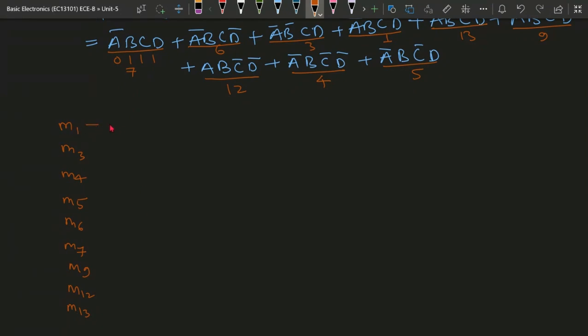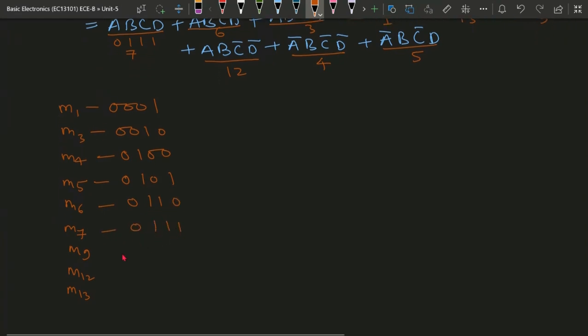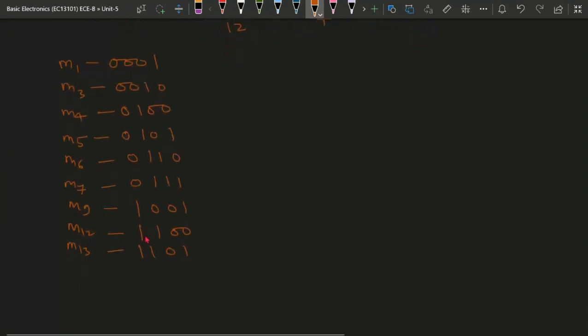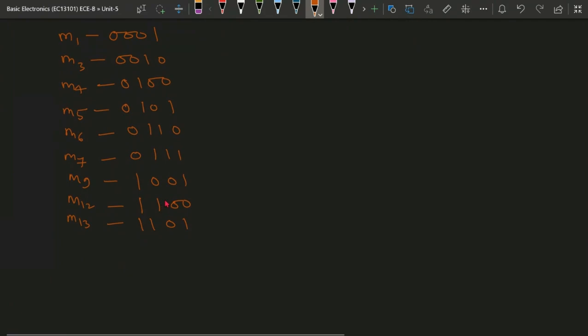So 1 is there, so 1 can be represented by 0001. 3 is there, so 0011. 4 is 0100. 5 is 0101. 6 is 0110. 7 is 0111. 9 is 1001. 12 is 1100. 13 is 1101. So this is how the min terms are available in the function.